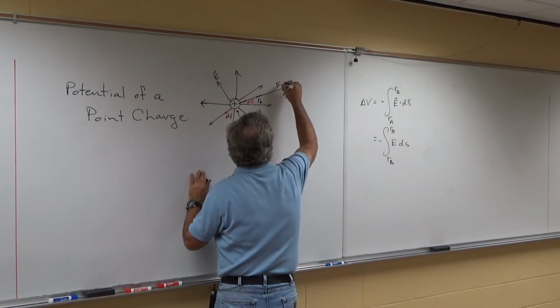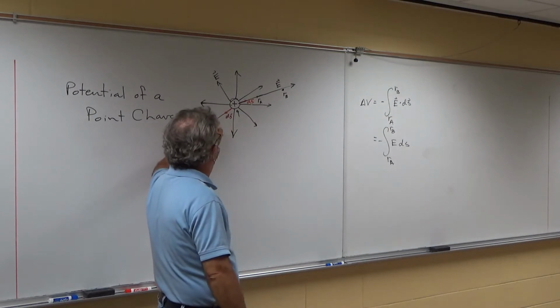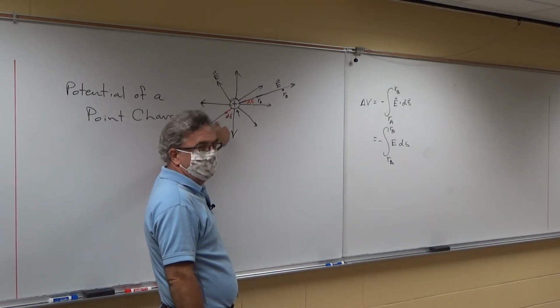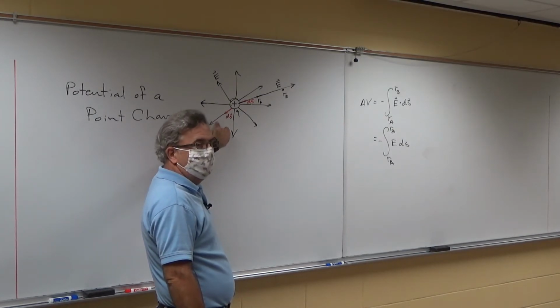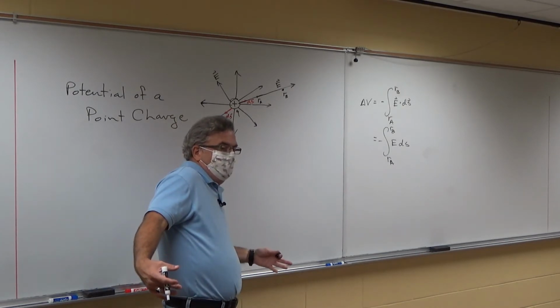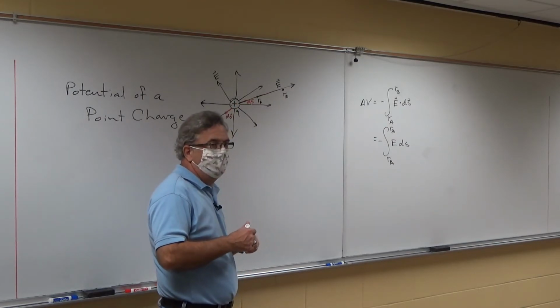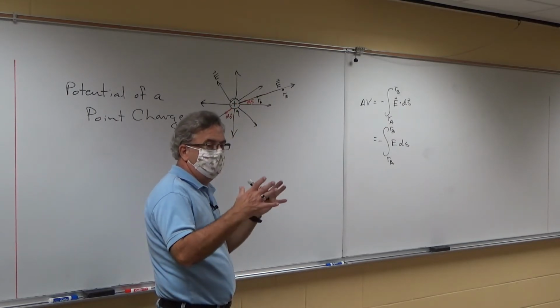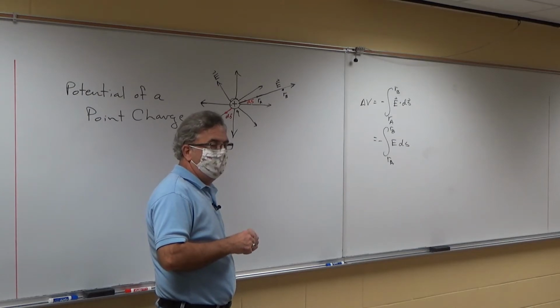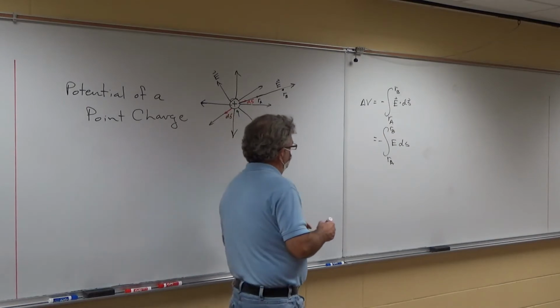That's the same as this one, that's the same as this one. So any ds I choose is going to have that electric field vector along that path. That's spherically symmetric. Okay?